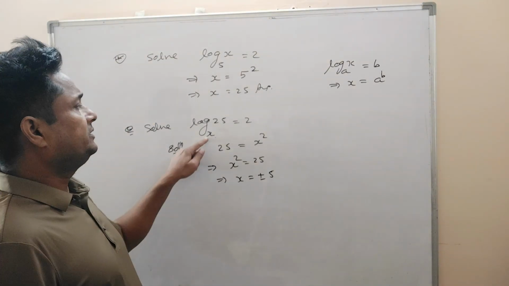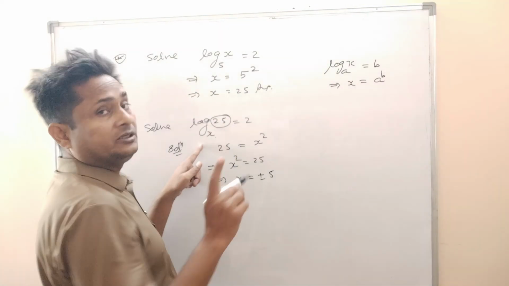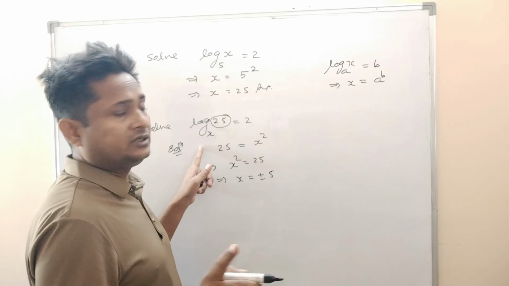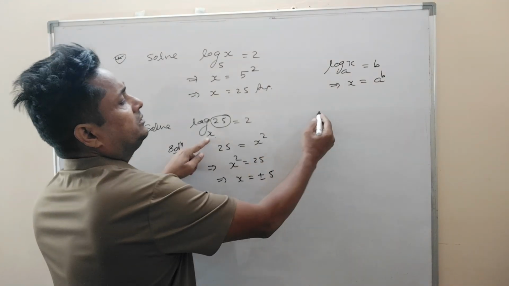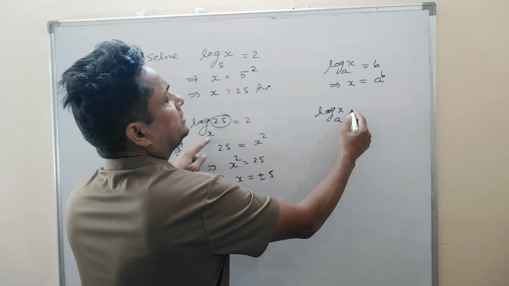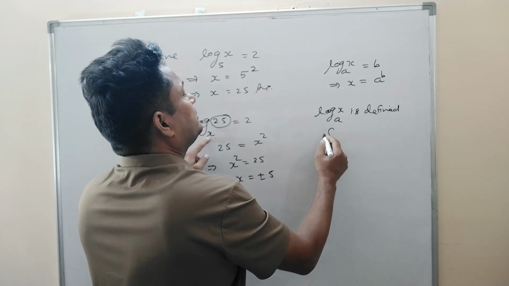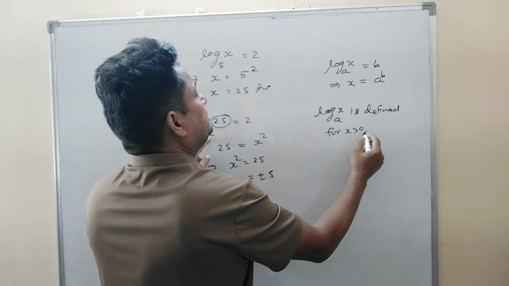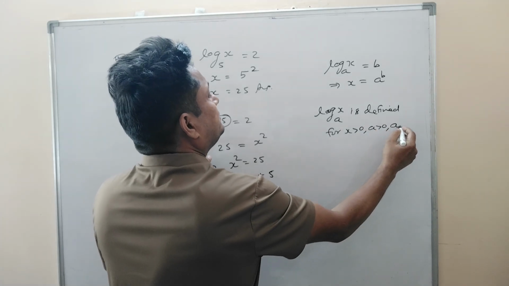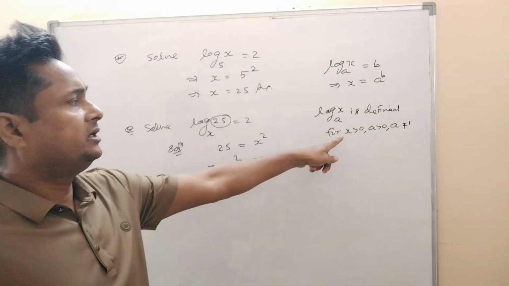But here we have to apply the condition also. I told you this property that log x base a is defined for x greater than 0, a greater than 0, and a not equal to 1. So you have to apply this condition.